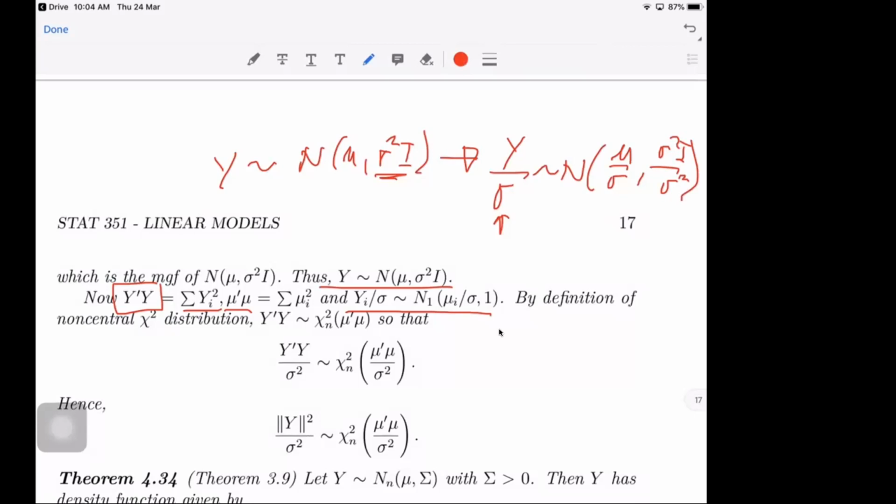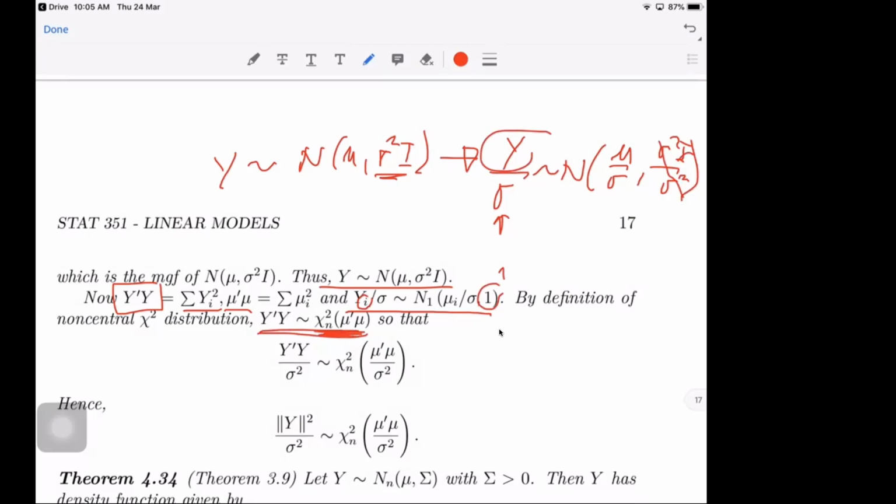So that by definition of chi-square, the y prime y, the identity, the 1s inside cancel out. Remember, this is mu i, so in general it is a vector. So that y prime y is chi-square distributed with parameter mu prime mu.